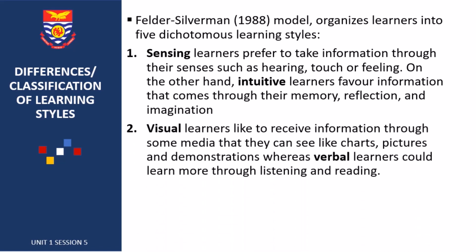The next two is visual and verbal. Visual learners like to receive information through some media that they can see, for example, pictures, charts, etc. So if you're a teacher and you are teaching such learners and you are only providing means through which they will learn by touching or reflection, you are not helping such learners because they are good at seeing.